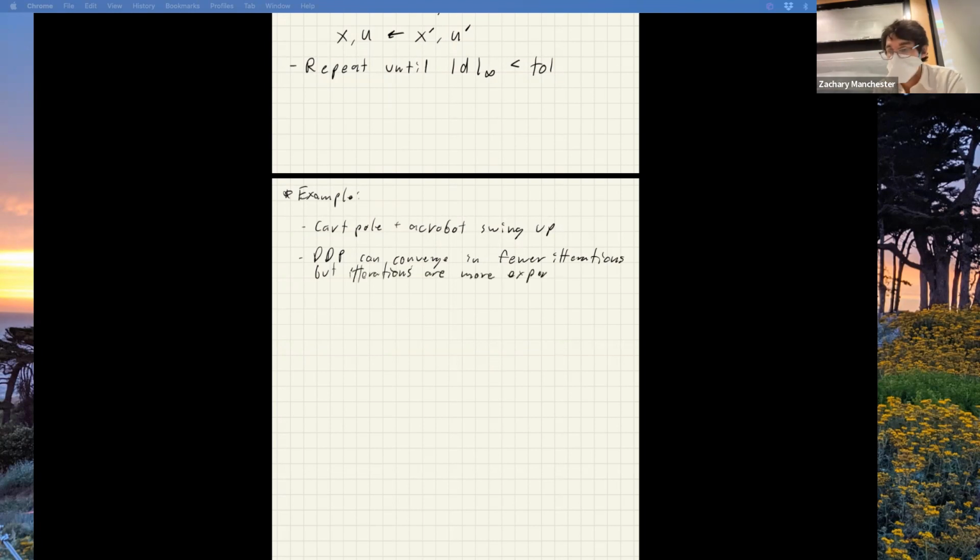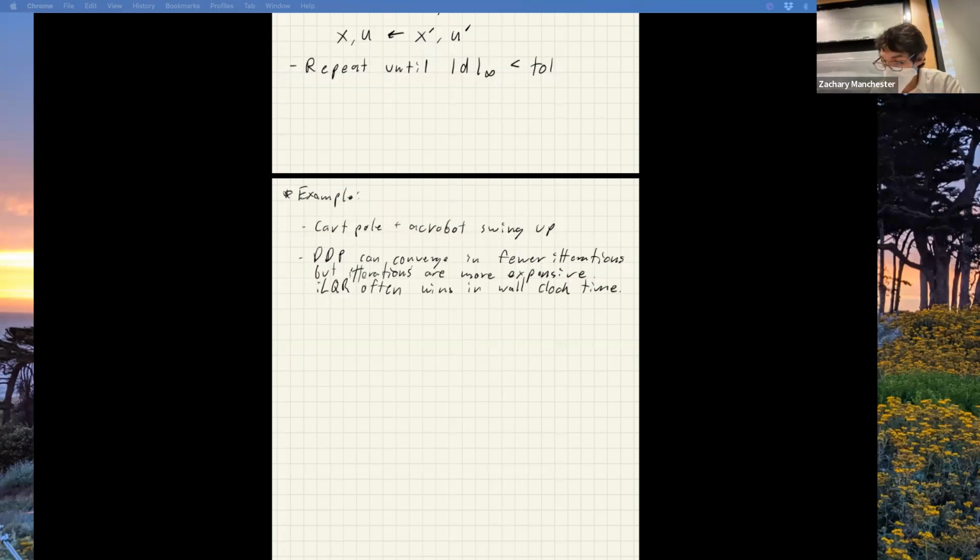And then in terms of ILQR, it often wins in wall clock time, and is what you'll see 90+% of the time in practice.